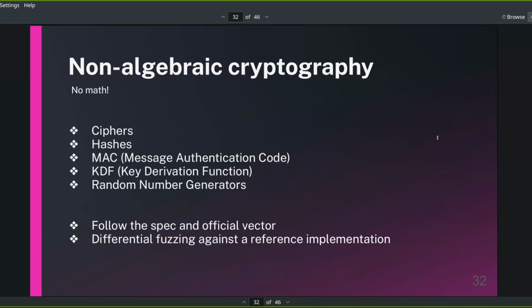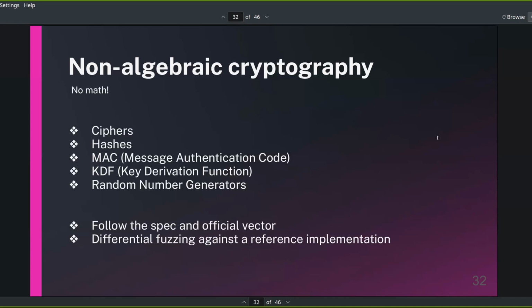For message authentication code, I'm thinking about Poly1305, which is actually 2 to the power of 130 minus 5. Internally, it uses polynomials, but you don't care. You just follow the spec, and it's very easy to do.